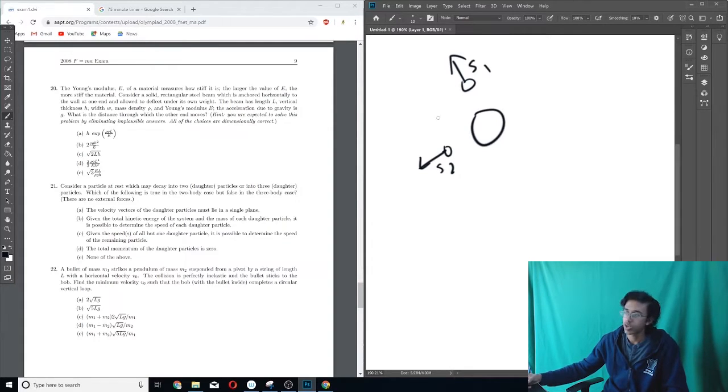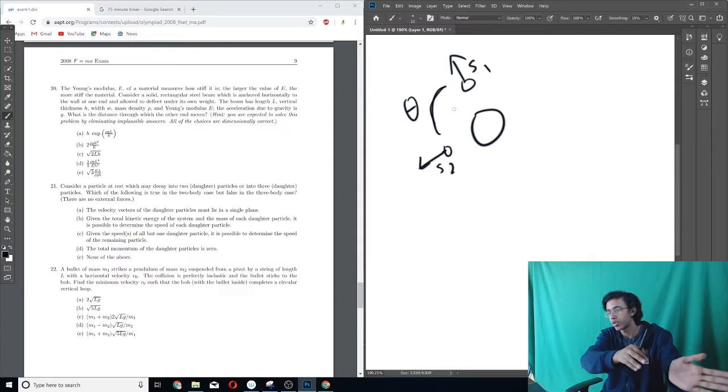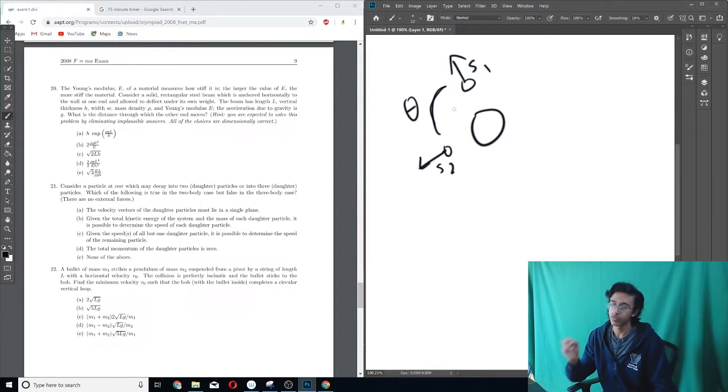But it depends on what angle this is over here. This theta matters because the sum of the two vectors is what equals the third vector. So if they're completely opposite, then the third vector has no speed. But if the theta is really small, then the third speed has to be really big to cancel out, because they're both in one direction, so the other one has to go super far in the other direction. So this is false in the 3-body case.